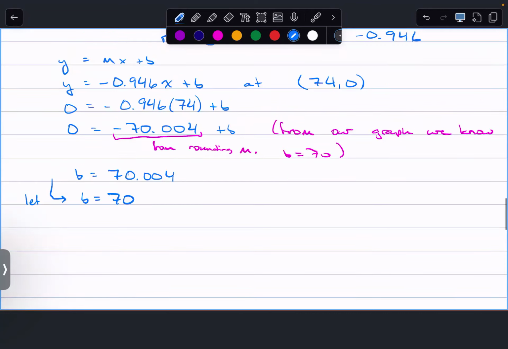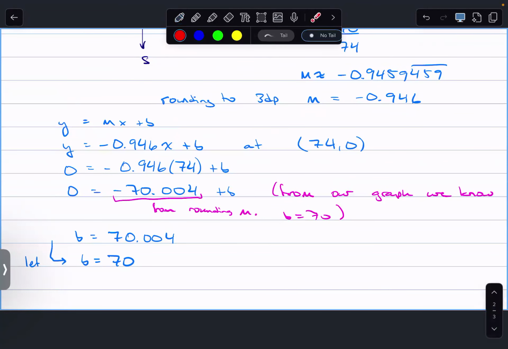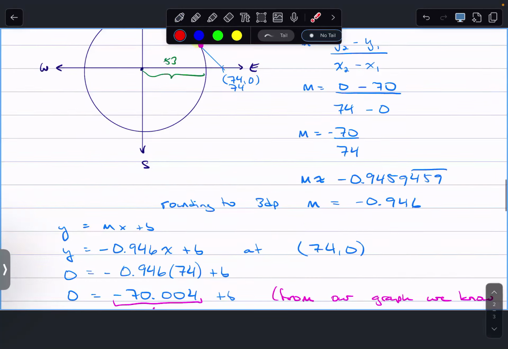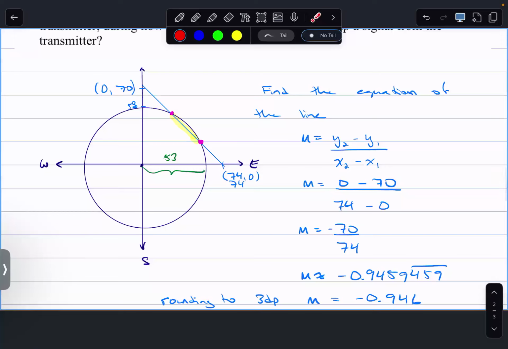You don't have to show your work for finding b at this point, right? I've got another question making sure that you know how to find the equation of a line. I'm pretty sure we picked one. I'm sure I forced you to pick one of those. And so at this point, if you look at this and you say, okay, I can see that b should be 70, that's fine by me, right?